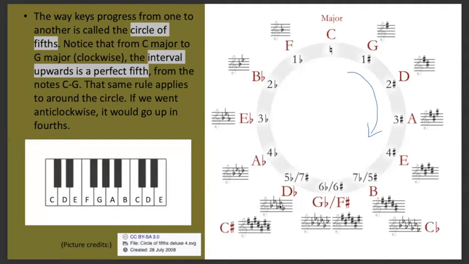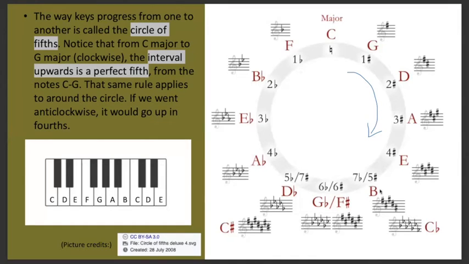Now, these here are quite important because, for example, this one, 6 sharps, is also the same pitch as the key signature of G flat major. So G flat major and F sharp major have the same pitches, but we call those note names differently.